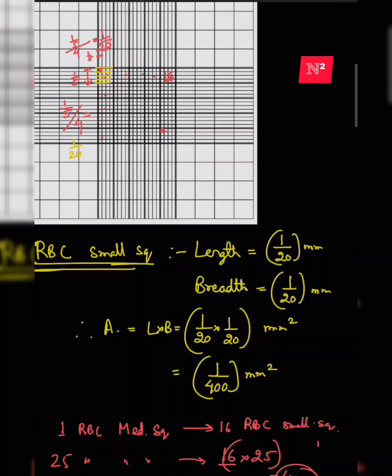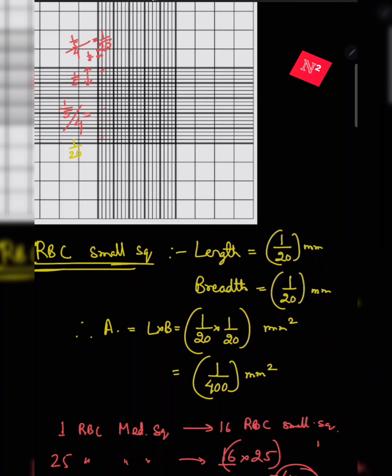So hematologists did some strategic calculation. If you are charging the slide with blood, charging means filling the Neubauer counting chamber with the blood accurately and proportionately. When it is done, the RBCs are proportionally distributed.